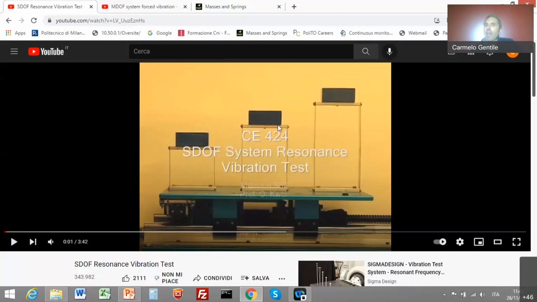In the second case, we have a more deformable element, because the height is larger. And in the third case, we again have a more deformable element.